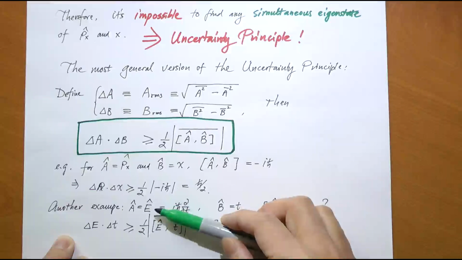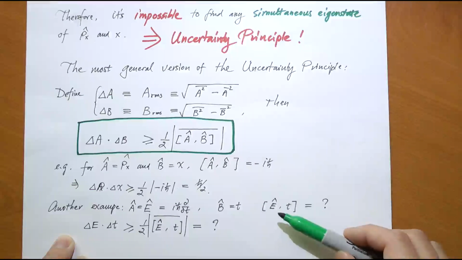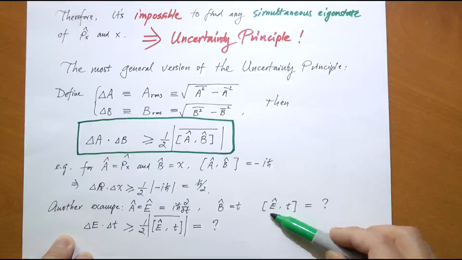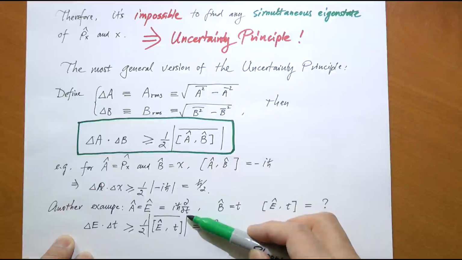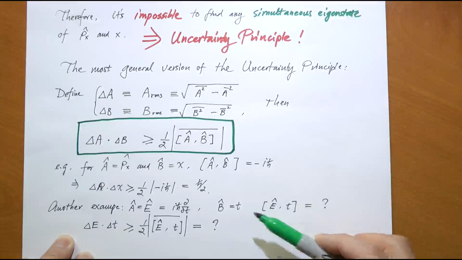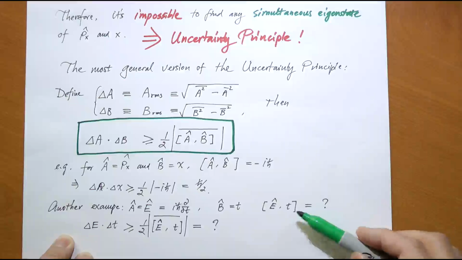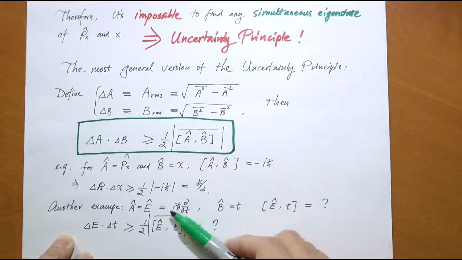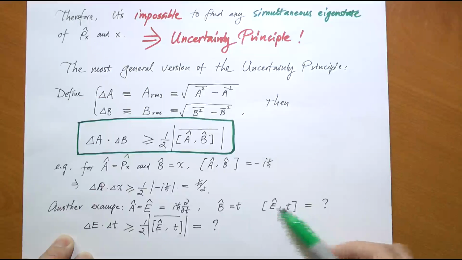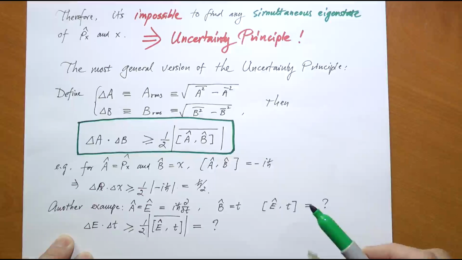What is that minimum possible value? All you have to do is to find the commutator between the operator E and the operator T. Now, operator E, as you know, is i h-bar partial t. We learned that from the beginning when we introduced the Schrodinger equation, and T is just T. I want you to do this exercise. Apply this commutator, with E being the differential operator and T just the number T, on any arbitrary wave function psi.